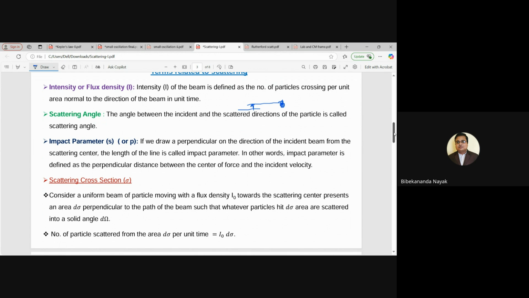Scattering cross section is basically an area, and we consider the number of scattered particles collected through that area. It is a specific area around the center of force or target where the particles are collected. The number of particles scattered from the area per unit time will be I0 d sigma.